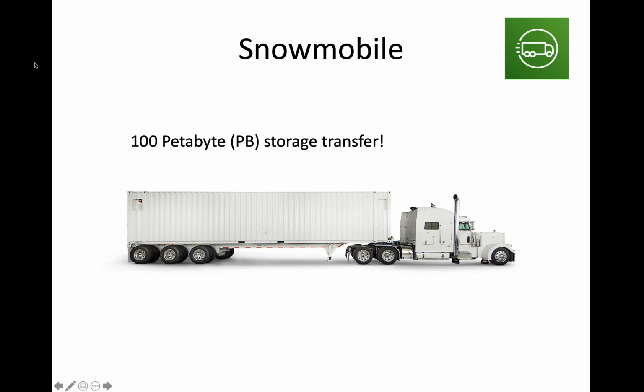Snowmobile provides you with 100 petabyte plus storage transfer. Instead of shipping you a small case that's full of hard drives, AWS will literally ship you a truck and a semi-trailer that's full of hard drives you can plug into and store your data into. So the sky is the limit.